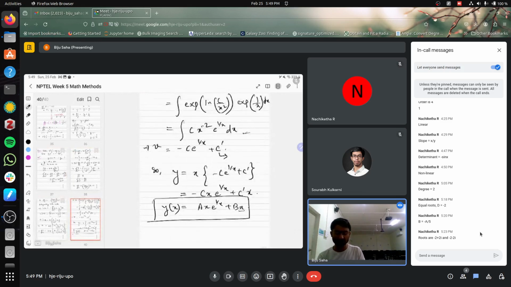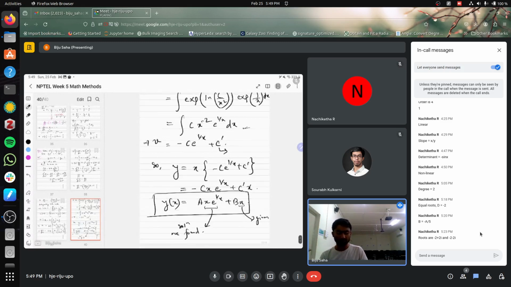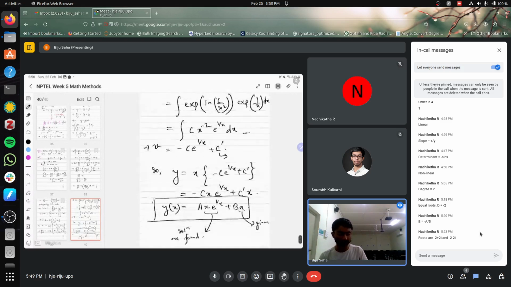The x solution is something which was already given. This is the solution we found. So the linear combination of them is the total solution. I hope that is clear.